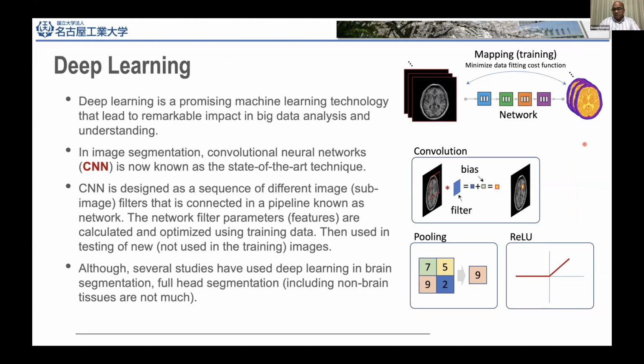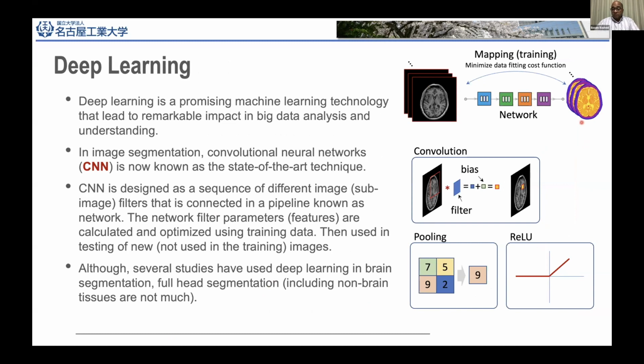To explain quickly what deep learning is and why we are interested in the convolution neural network, we can think of this approach as just a mapping between the anatomical images and the segmentation of these images.